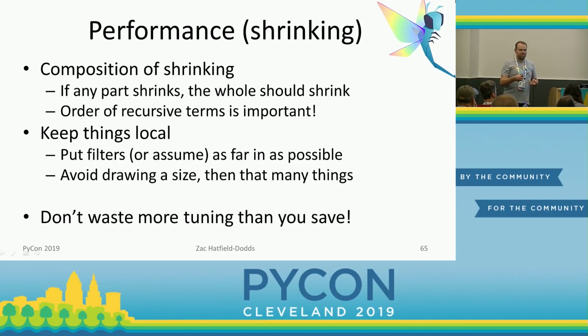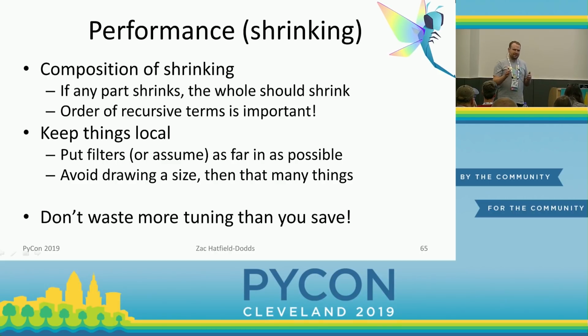So we've got the assume function, which is like a filter that you put in your test case. That works really well. Use it when you need it. But if you can put a filter on the elements of a list rather than on the list itself, that's a better option. And one pattern, which is sometimes unavoidable, but if you can avoid it, do, is when you draw an integer size for some collection and then draw that many elements of something.